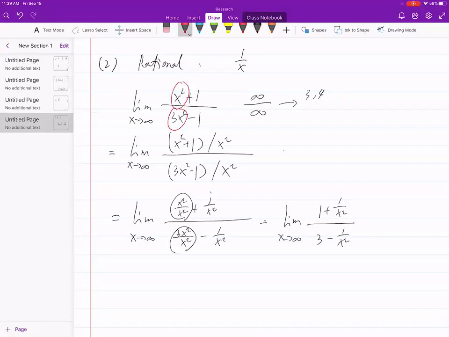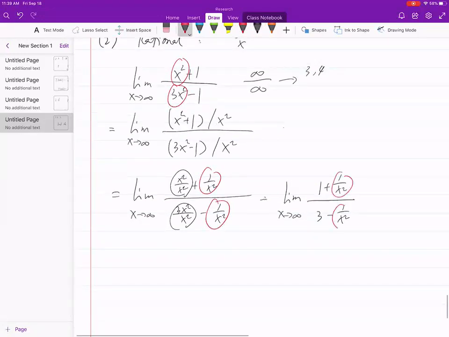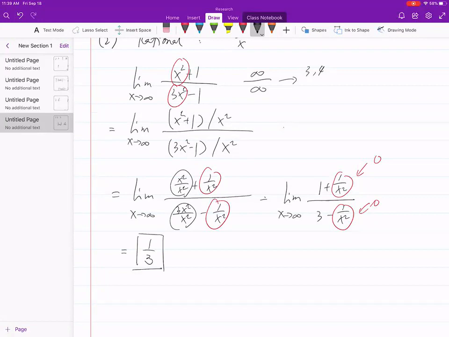But now by dividing, these two become trouble. We switched by dividing. Now you are the ones that are harder. But what are they when x goes to infinity? We said if you see a power, it's positive, 0. And it worked. It's not 1, it's 1/3.